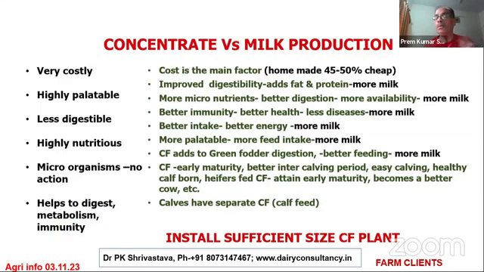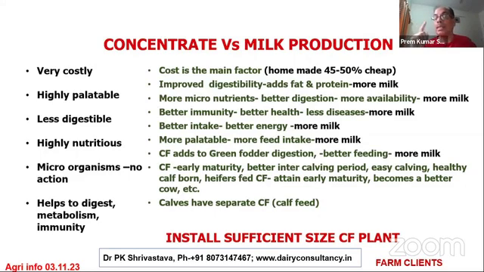Better intake of the feed. Since the palatability and taste are very high, the animal will eat, along with a lot of roughage. Suppose we mix it all, that becomes a TMR, and that is how the animal is very healthy, because it is eating roughage as well as concentrates. More palatable, more milk. Cattle feed adds to green fodder digestion.